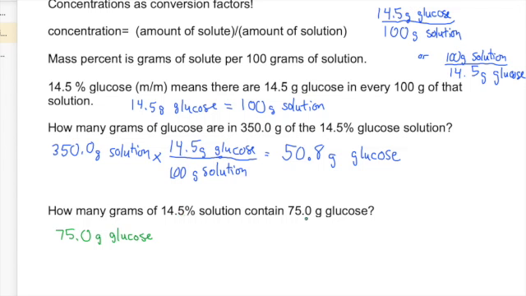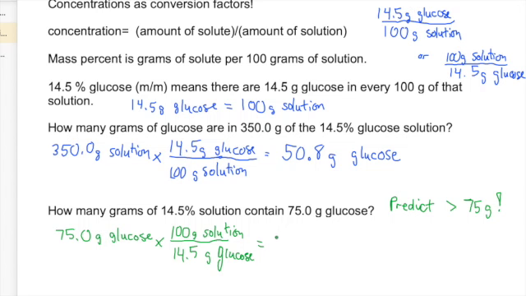So we're going to need way more than 75 grams of solution. So that's our prediction. We'll see if we use the right conversion factor and get that answer. We want to stop talking about glucose and start talking about the solution, so we need this one here. And that gives 517 grams of solution, which is more than 75. So that gives us some confidence in our answer.